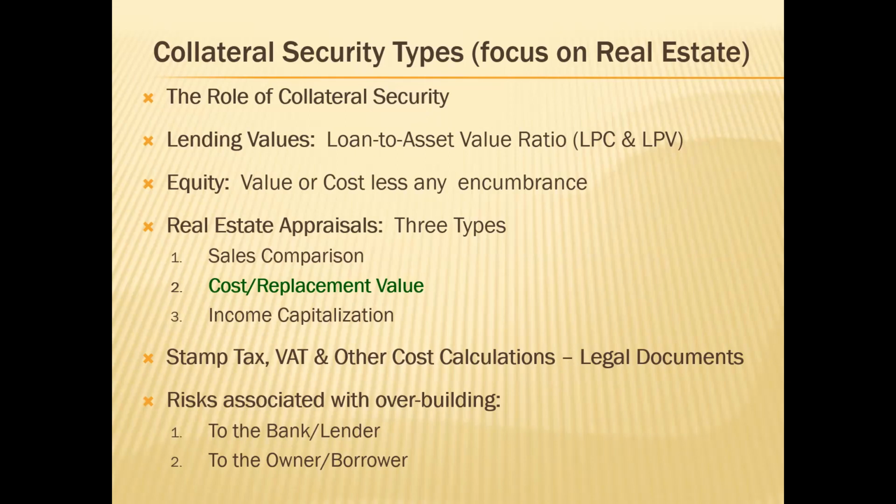We're going to be looking at lending values, equity, and real estate appraisals, of which there are 3 types, with cost or replacement value being the most common in the Bahamas. You'll find there's been some pressure on financial institutions to use the sales comparison approach, even though we do not have a sales registry in the Bahamas. We'll talk a little bit about that when we get to that section.